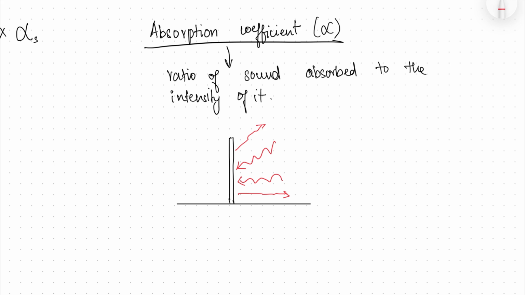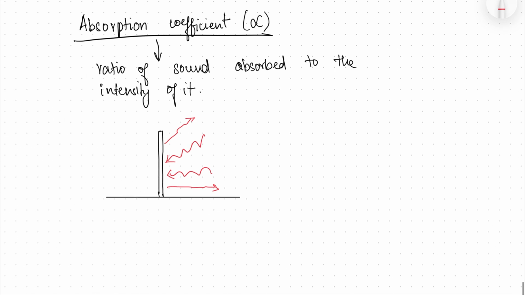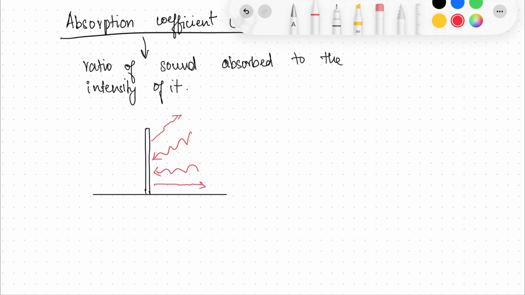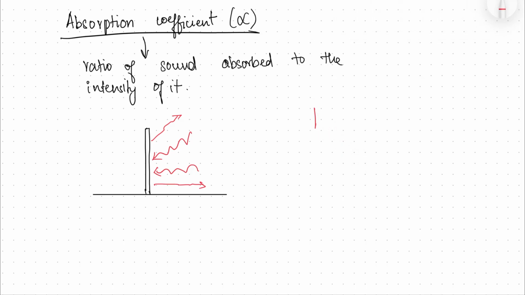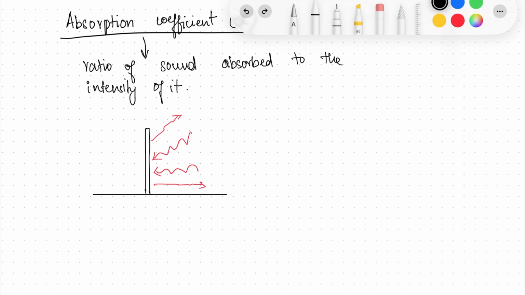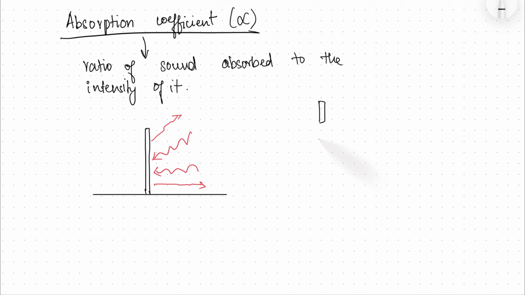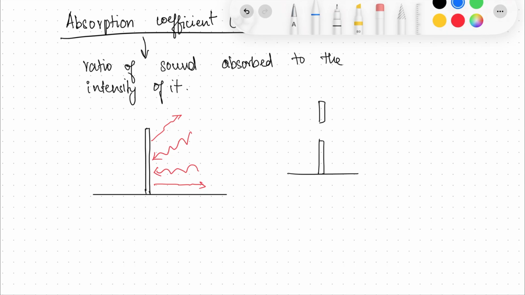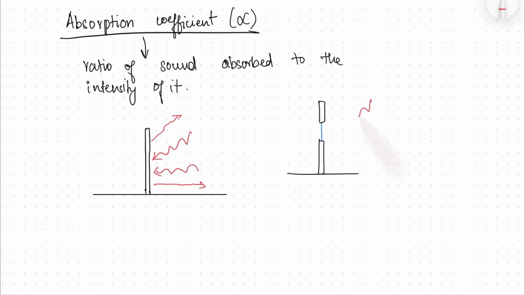is the sound absorption. Now imagine a scenario where this is your window, and let's say it's open. So whatever sound is going to be incident is going to pass through it, right?